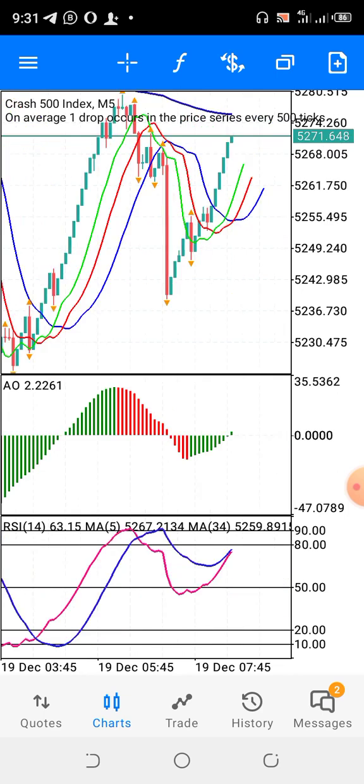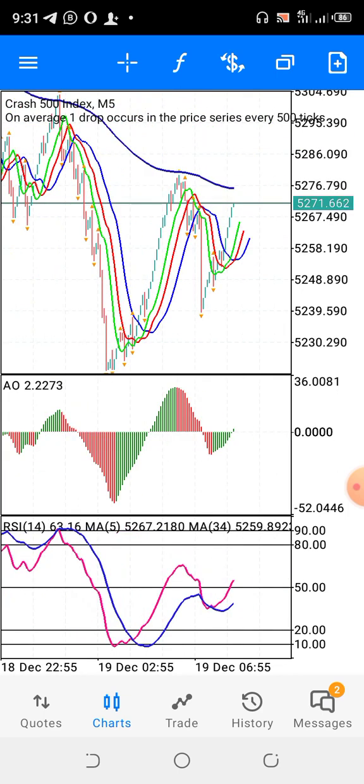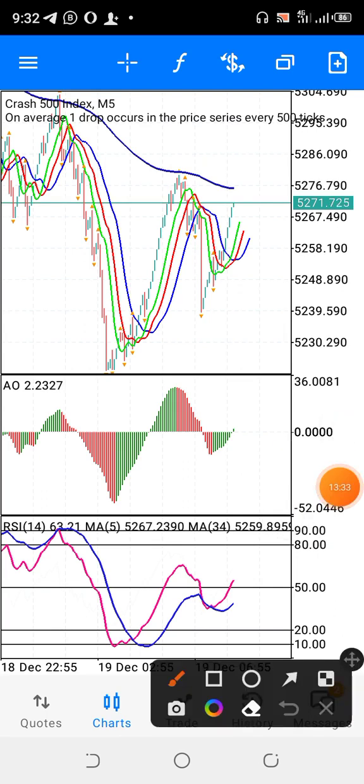Anything that is above the 200 moving average is about to enter into an uptrend.